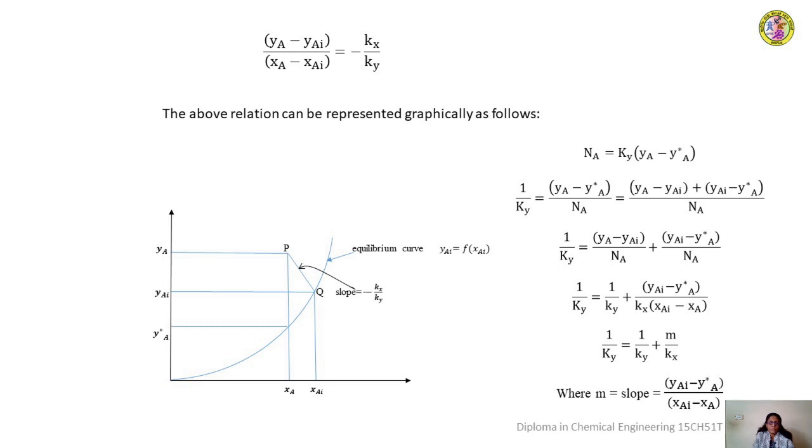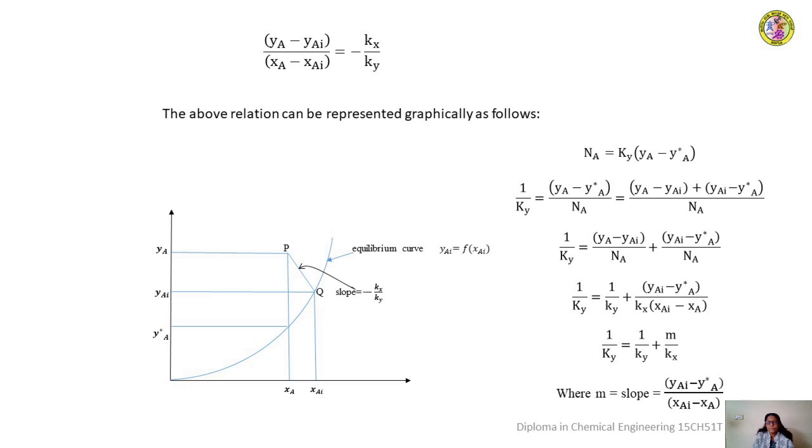So if you read these points on the graph, the YAI minus YA star divided by XAI minus XA clearly shows that it represents the slope of the equilibrium line, YAI equals a function of XAI. So let us just assume that m represents the slope of the equilibrium line.